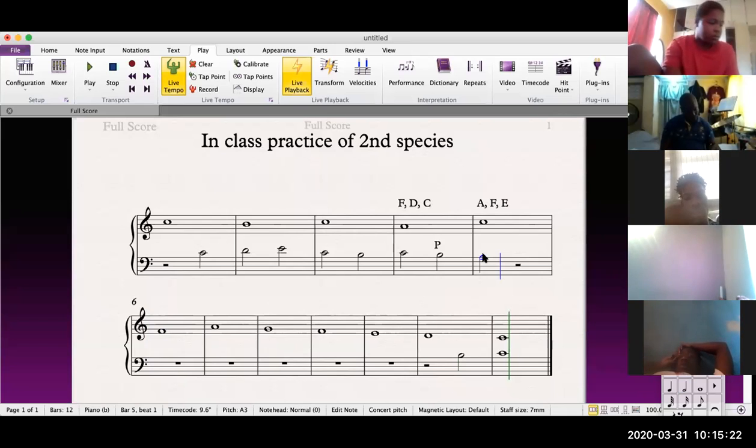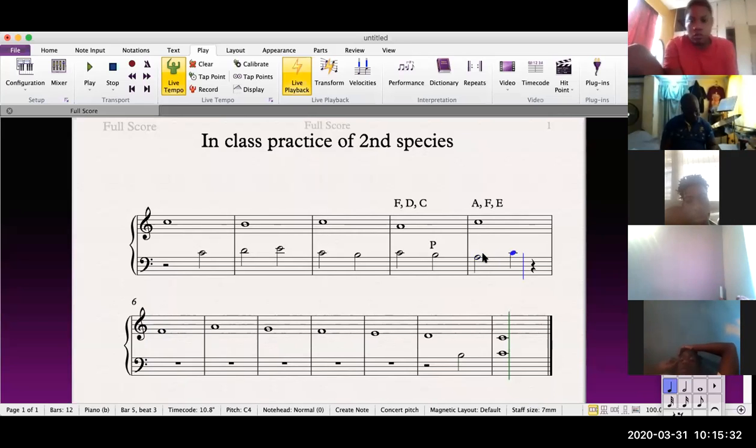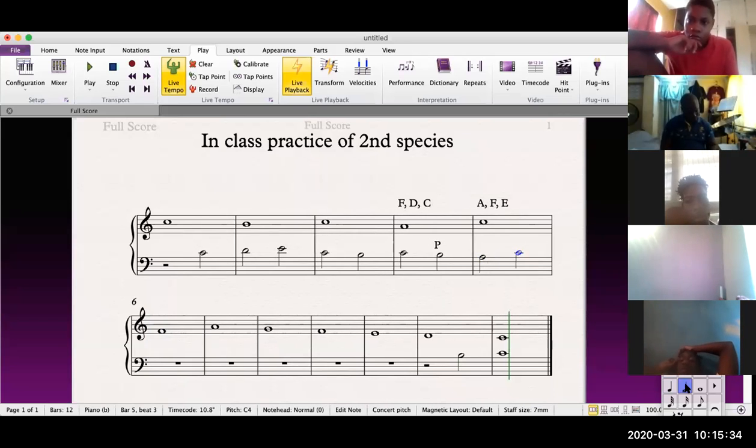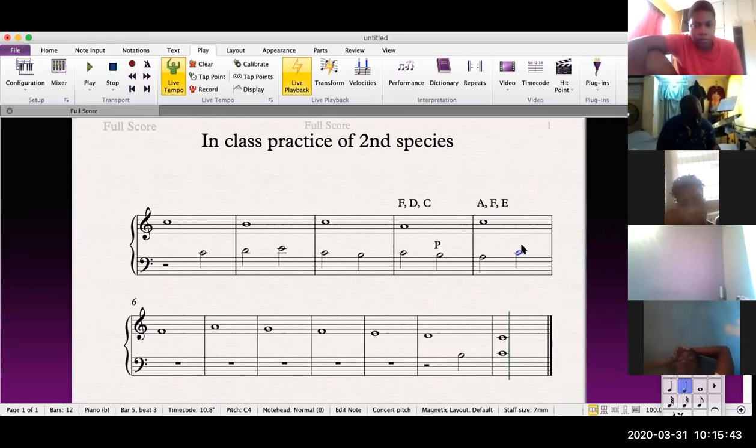So is it possible to have an octave on the second beat? An octave, yeah, so if you're going to go like that. If that's what you mean, you can certainly do that because this is a consonance here.